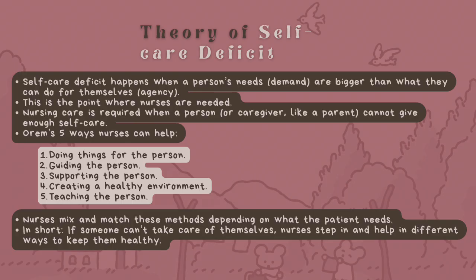Ang tawag doon sa pag-reduce ng ability nila to take care of themselves is self-care deficit. Ngayon, pag nagkakaroon ng self-care deficit sa isang patient, doon na nag-step up ang mga nurses. Ayun ang tatandaan nyo. And nurses ay hindi lang tumutulong sa physical needs ng isang tao, but they can help in a holistic way. They should provide the needs of a patient in a holistic way.